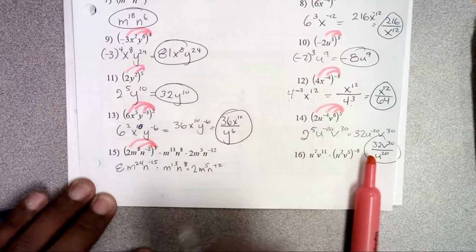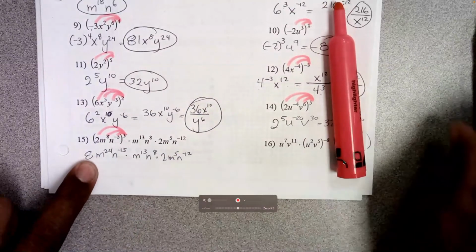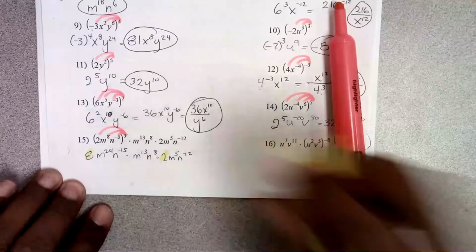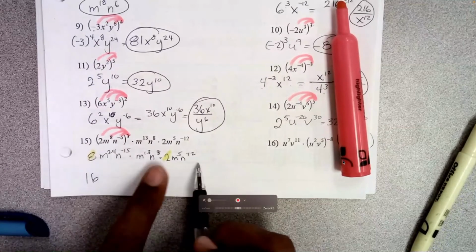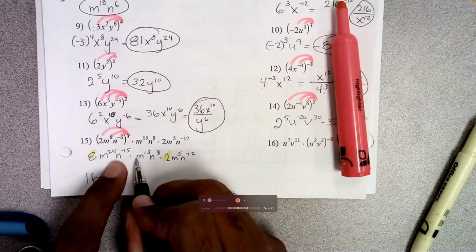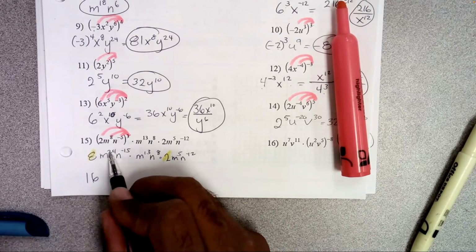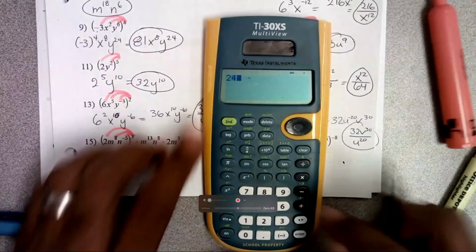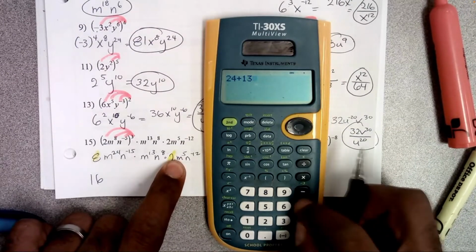Now, just like the original ones we did up here, we need to start by multiplying the coefficients. 8 times 2, that's 16. And now we just have a lot more variables to add up. So remember, now that we're multiplying here, there's no parentheses, we're going to add exponents. So 24 plus 13, and then plus 5 for m.